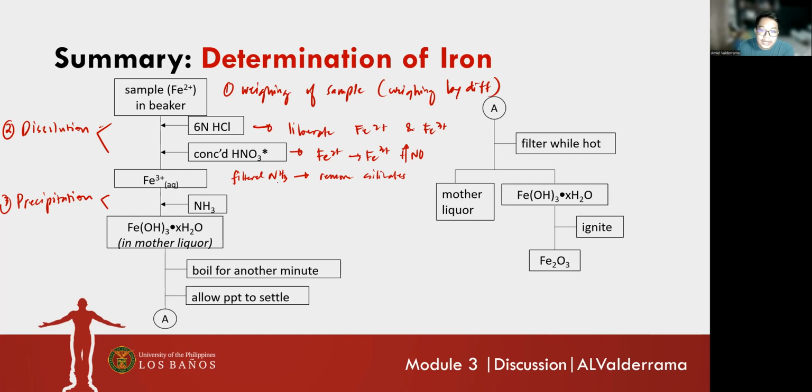Also, why NH3? So the weak base is used in the form of NH3 to control the concentration of OH-. Why do we need to control? So that we prevent the precipitation of other oxides and hydroxides that may be present in your sample.